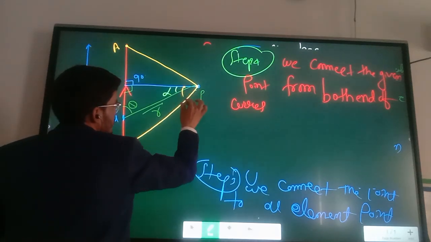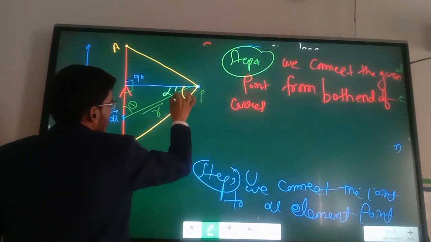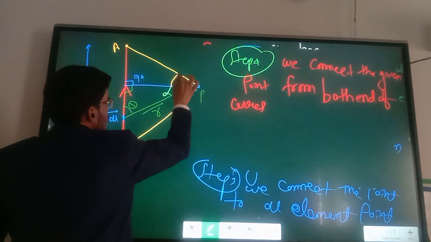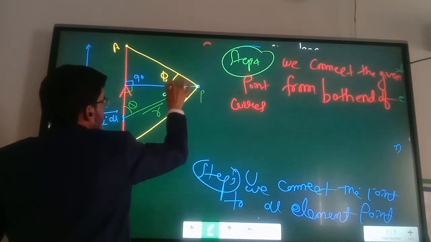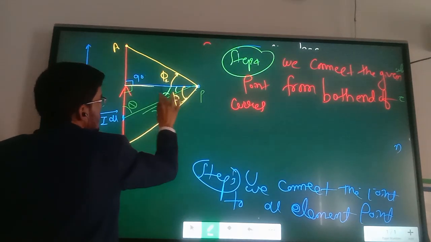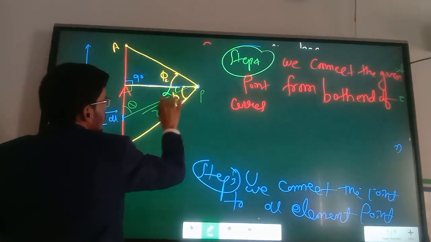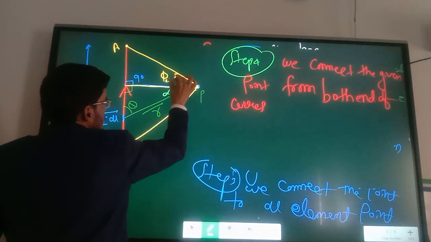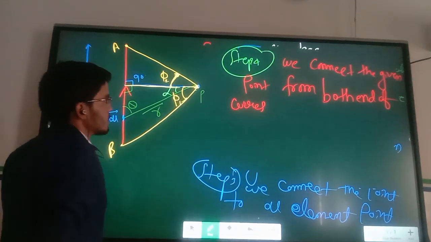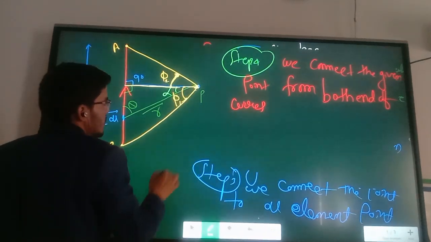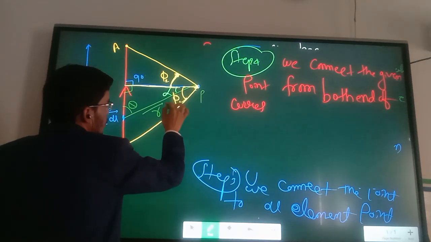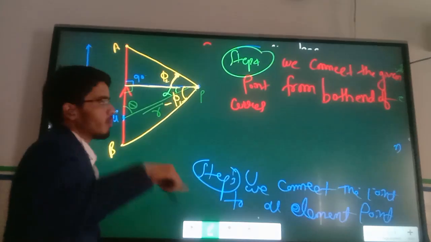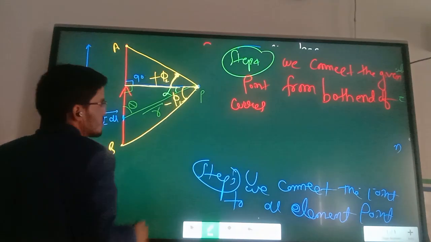Now suppose the angle subtended here is phi 1 and here the angle is phi 2. This is the base. This angle is clockwise and this is anti-clockwise. For anti-clockwise we mention negative, and for clockwise we mention positive.